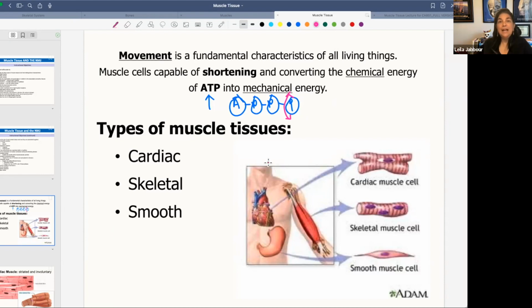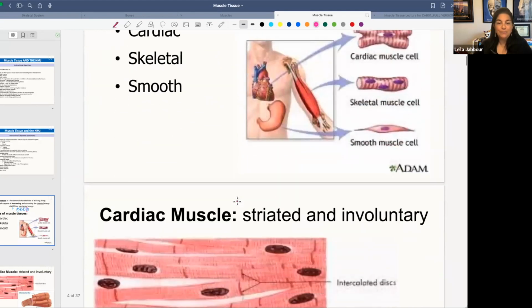So the release of that energy provides the mechanical energy necessary for moving the contractile proteins inside the cell, which then shrinks the cell, which then moves the structures that the cell is attached to. So these are fundamental characteristics of the three types of muscle tissues: cardiac, skeletal, and smooth.